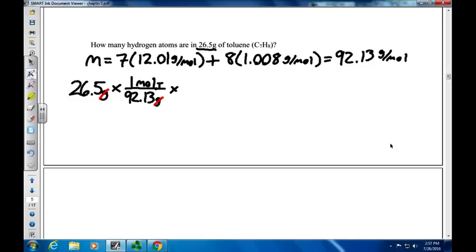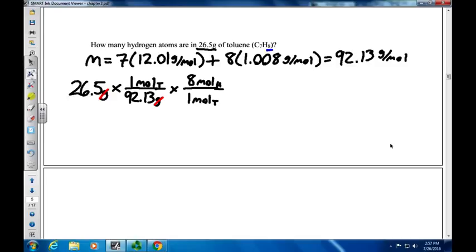Then we're going to multiply this, recognizing that we need the atoms of hydrogen, not the number of molecules of toluene. So for every 1 mole of toluene, we actually have 8 moles of hydrogen, mole sub H. And we know this because of this little subscript 8 on the C7H8 molecule.